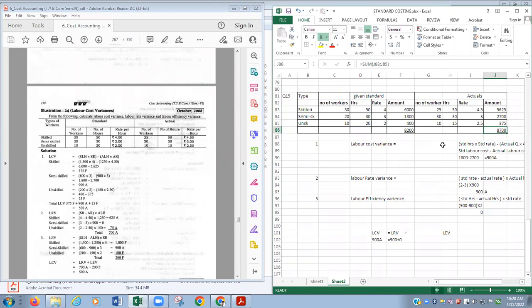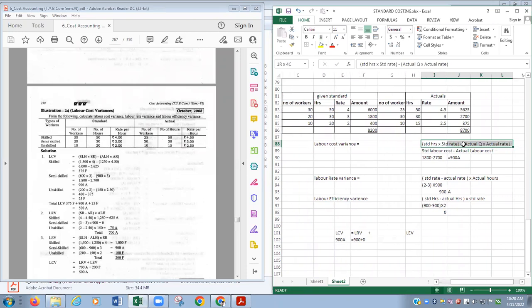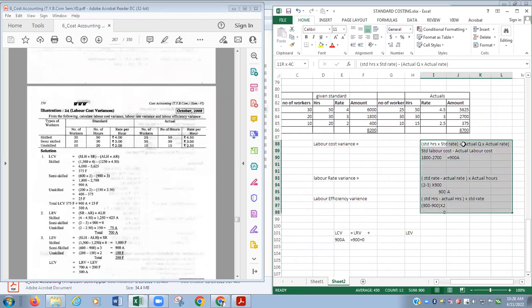Okay, so we got the value. Now let us see. So my first calculation will be, copy these formulas to the left. It's in one screen.